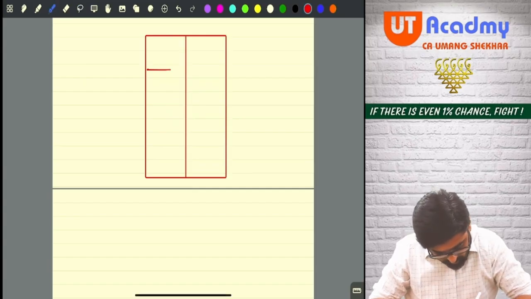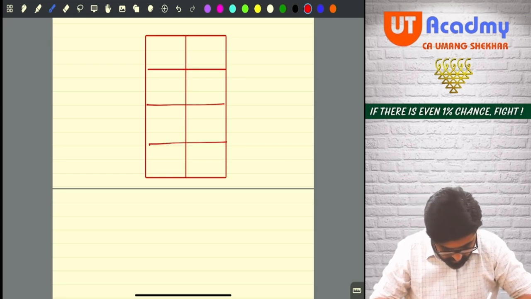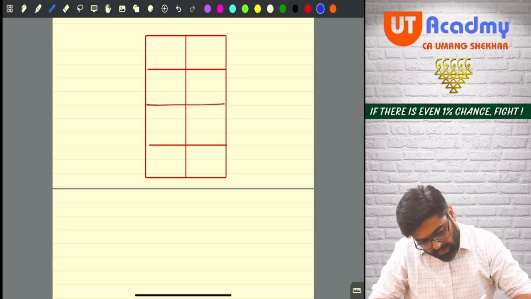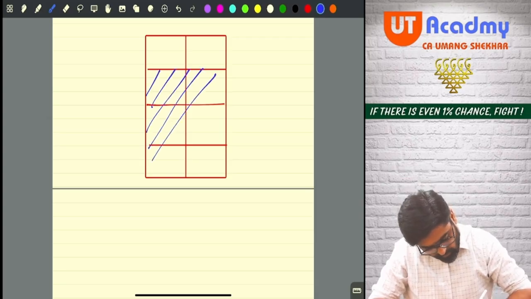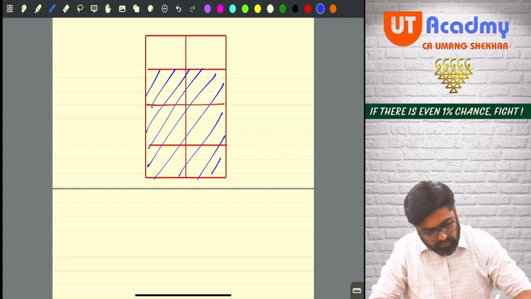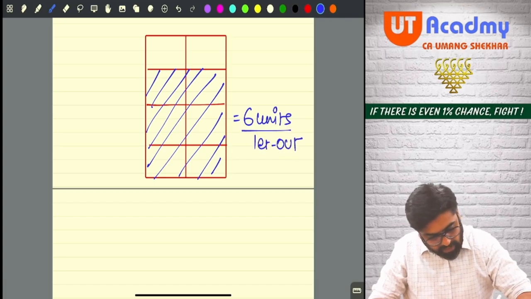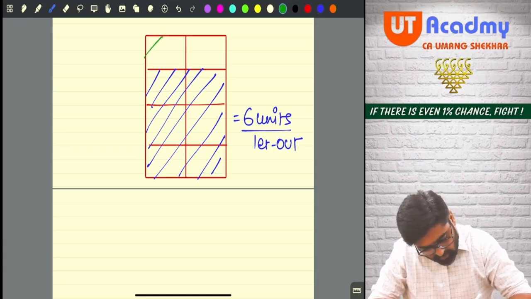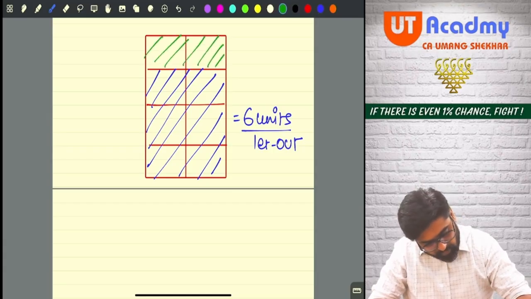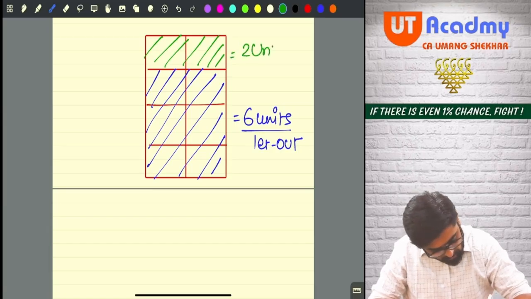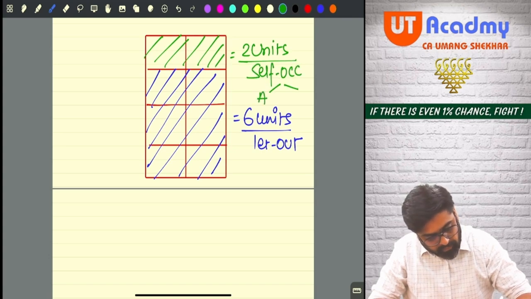Now, out of 8 identical units, 6 units are let out. And can I say these 2 units are self-occupied, one by Arun, one by Bimal? Yes or no?